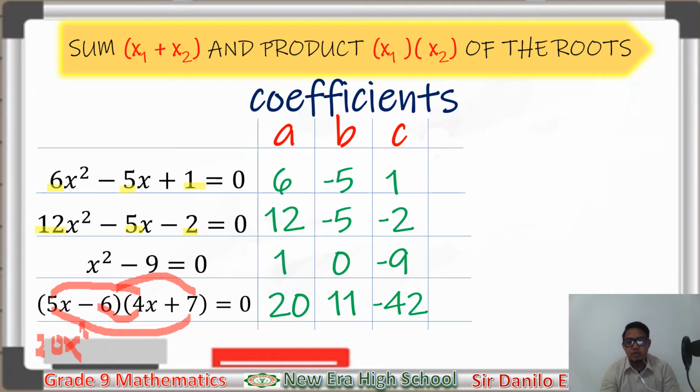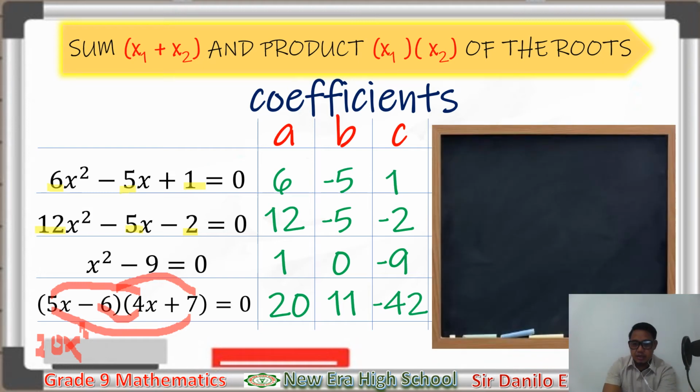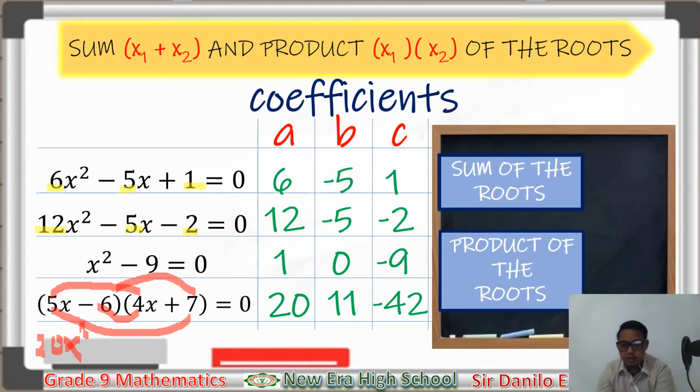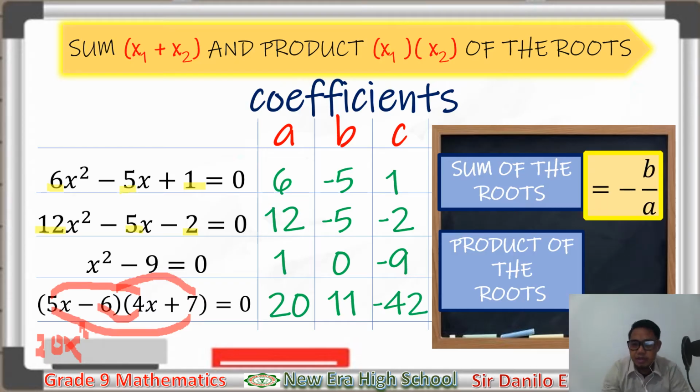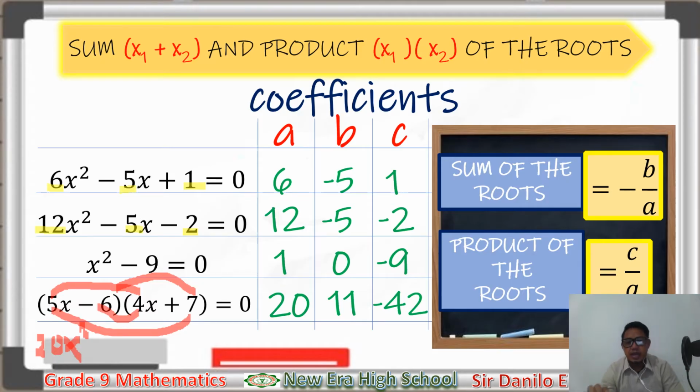So, what's the connection of these numerical coefficients to the sum and product of the roots of a given quadratic equation? The sum of the roots of a given quadratic equation is given by negative b over a. Then the product of the roots is equal to c over a. Again, sum of the roots is negative b over a.